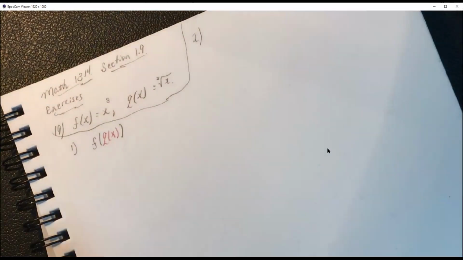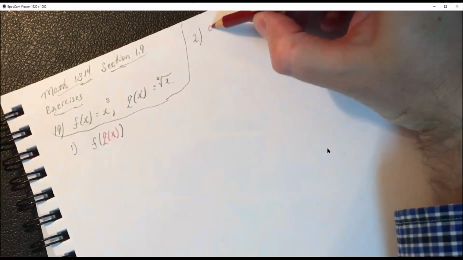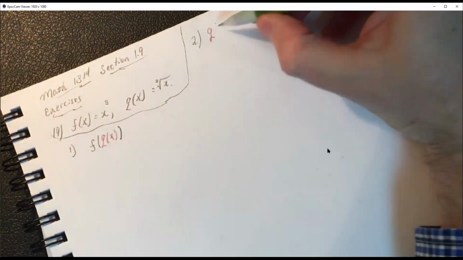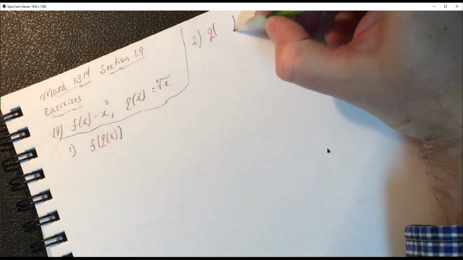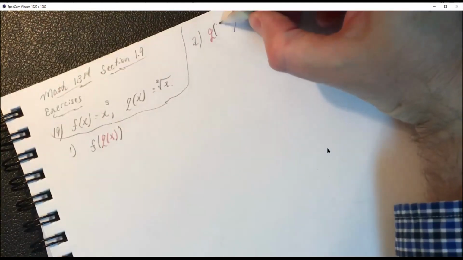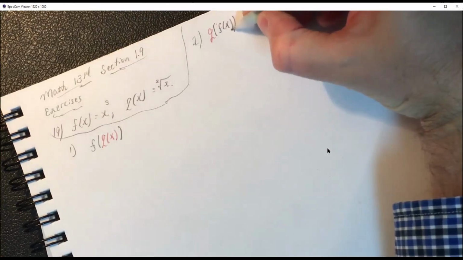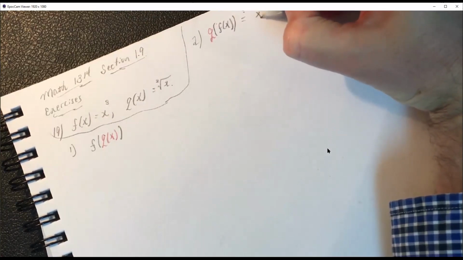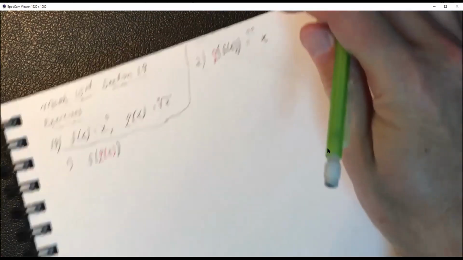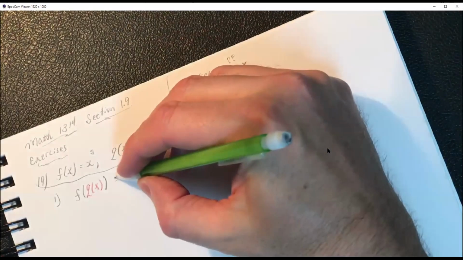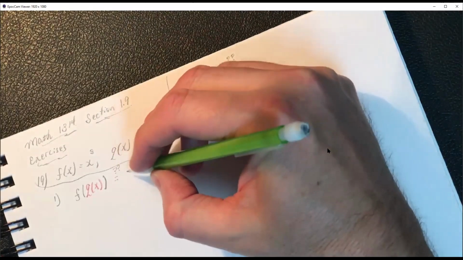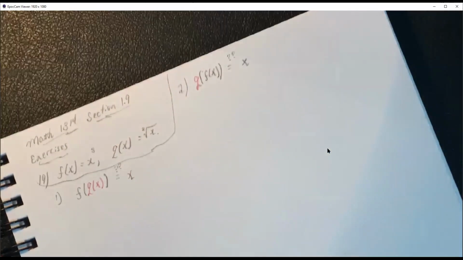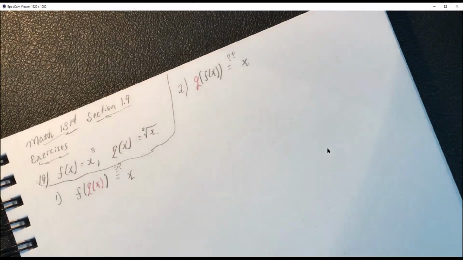And another thing to check is g of f of x. And we're going to check, question mark, do we get x? And the same thing here, question mark, do we get x? If we do, well, then they are inverses of each other.